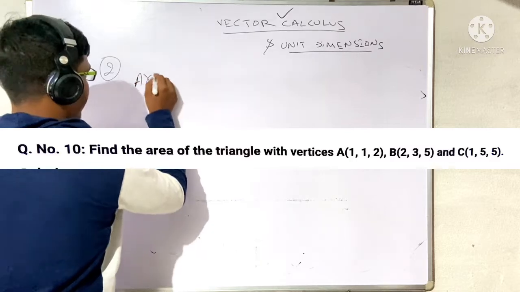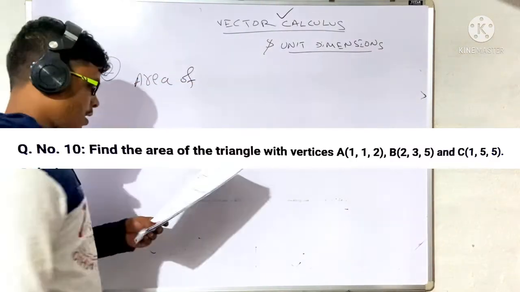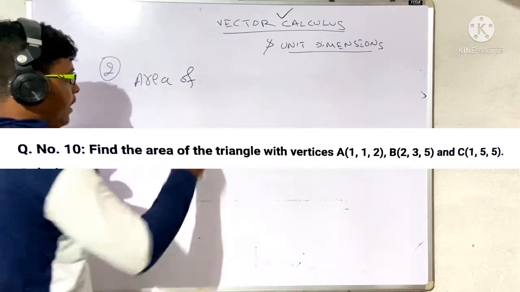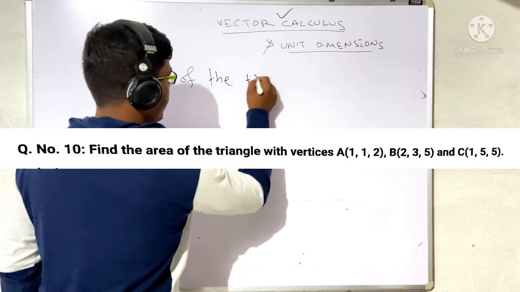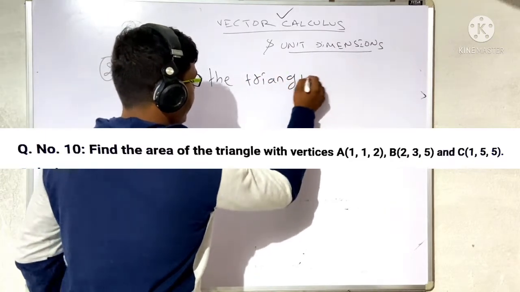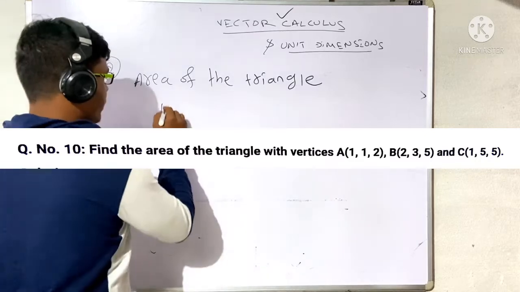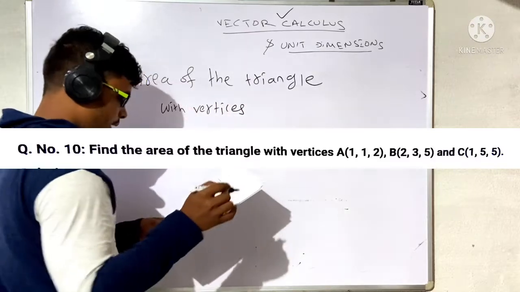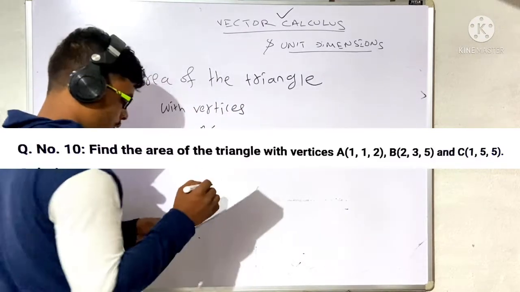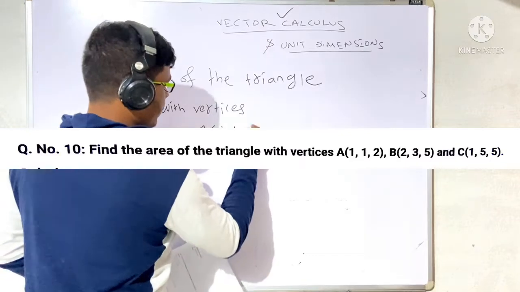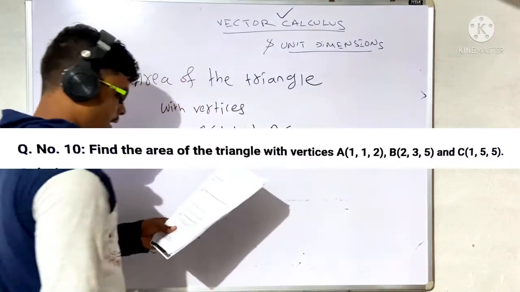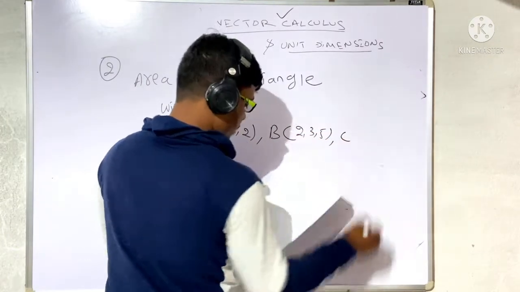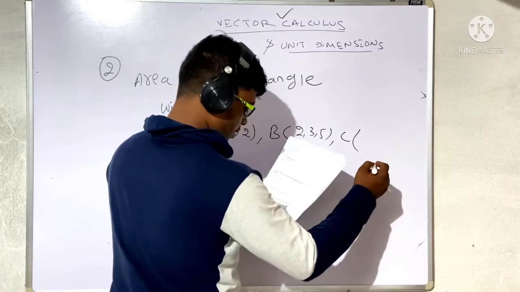Find area of the triangle. The question is showing on your screen, so look at the screen. Find area of the triangle with vertices A (1, 1, 2), B (2, 3, 5), and C (1, 5, 5).